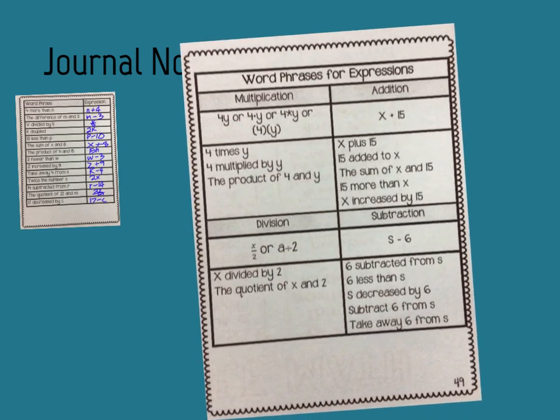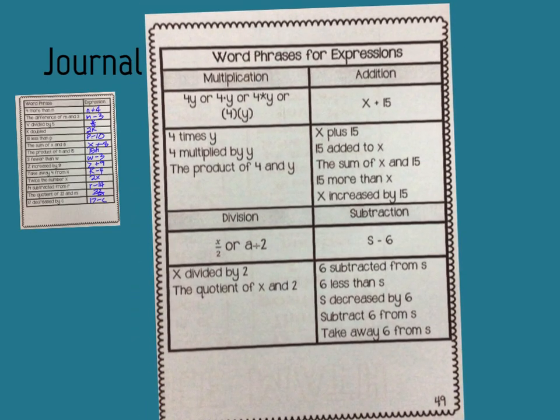So let's take a look at this second one. These are the word phrases for expressions, and this one is talking about multiplication and addition. It gives you the expression up here, and then it tells you how you could write that with words. So 4 times y, so 4y. 4 multiplied by y, same thing.